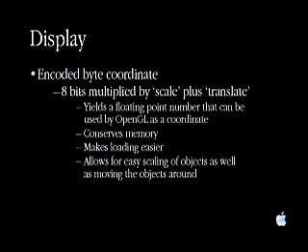Also, having the vertices in such a small space means that they can be very, very tightly packed. You notice that each of these structures is actually only 4 bytes in length. Well, 4 bytes, 32 bits, size of a long. The other aspect of it is, why do they encode them in a byte? Because it allows for very easy scaling and translation of any given vertex.